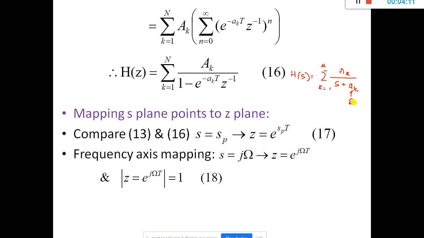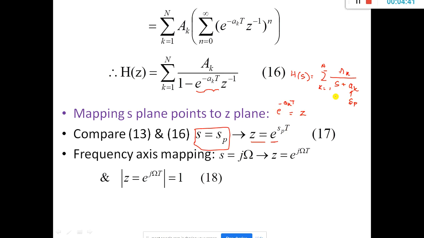So this is the pole, that is s_p, and here this is the pole, right? So if in the s plane, s is equal to s_p, and in the z plane, if you observe this, this is e to the power of minus a_k T. So this is what equals z.